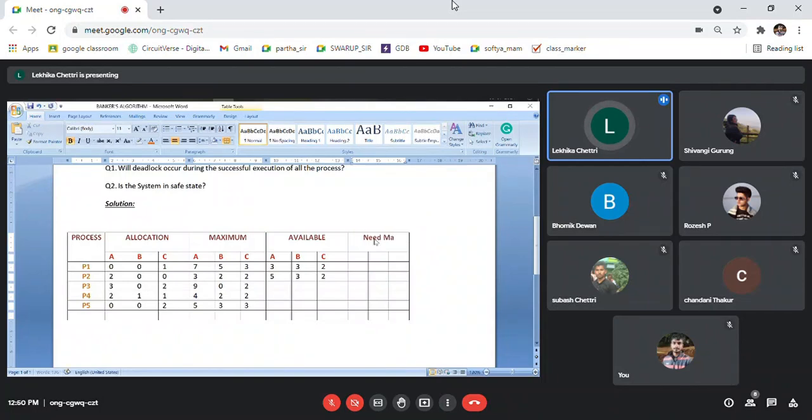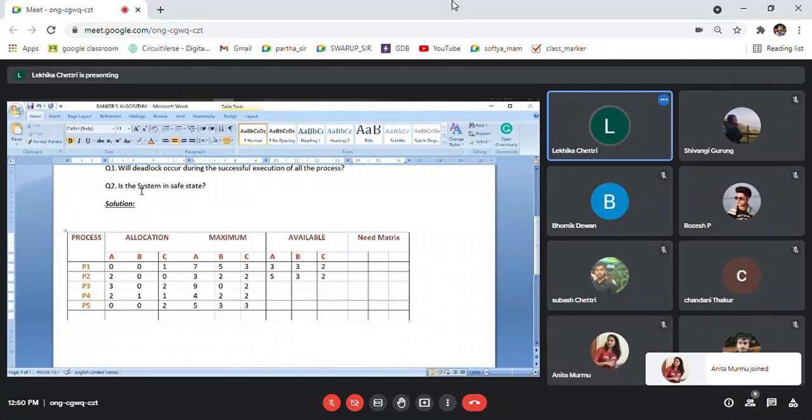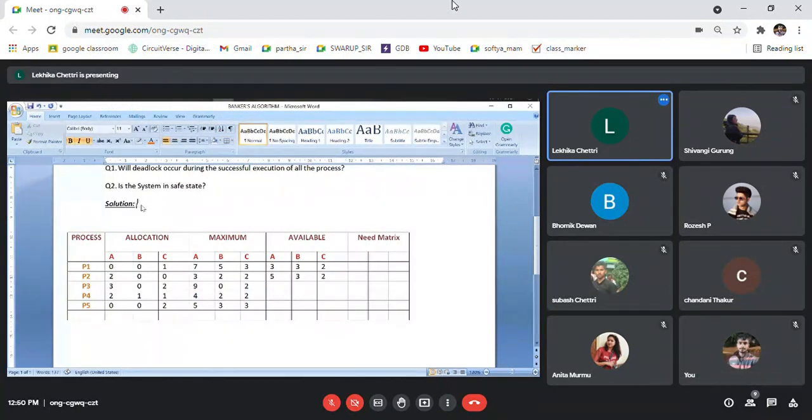We call this matrix the need matrix. So the first step towards problem solving using Banker's algorithm is finding the need matrix.